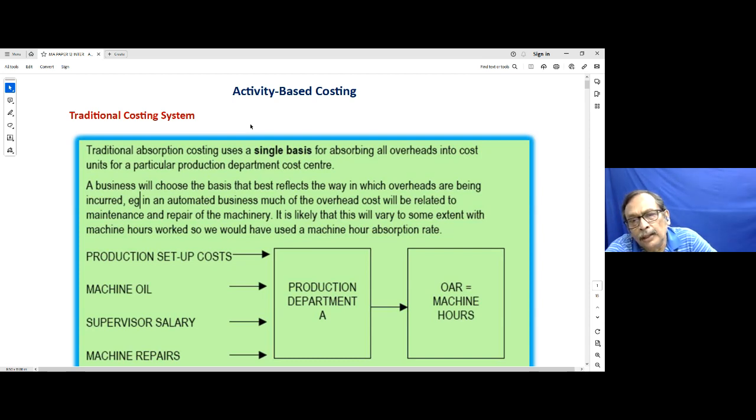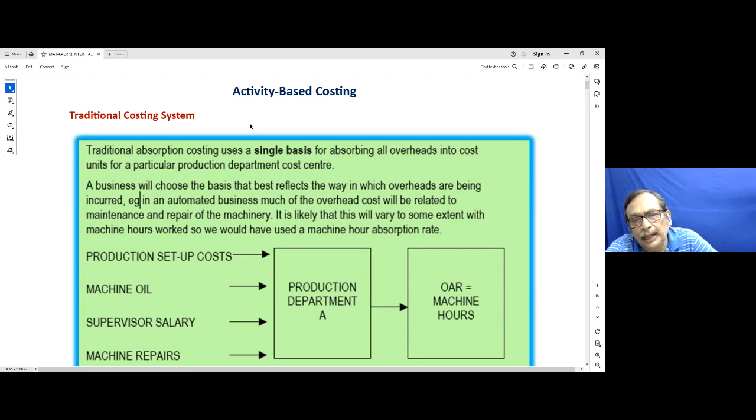This is the fallacy of the traditional costing system. In this system, a business will choose the basis that best reflects the way in which overheads are being incurred.